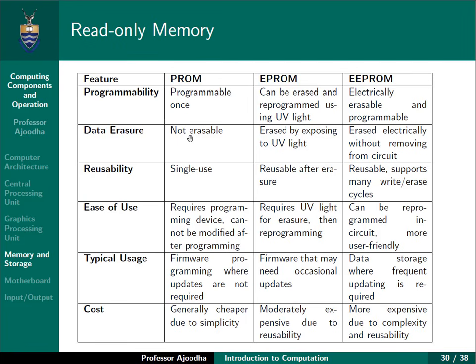Let's say that the booting software of the operating system needs to be changed. Then the manufacturer will take the computer, electrically erase it, and reprogram the booting operation, right? That's an EEPROM, but obviously that's more expensive.